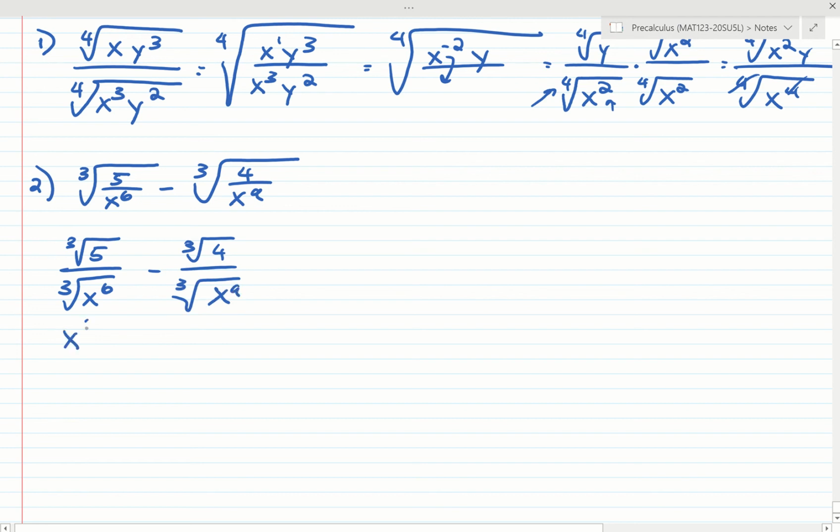This is really just x to the 6 over 3, which is 2, right? Just make sure your index looks like an index. This would be the cubed root of 4. The cubed root of x to the 9th is just x to the 9 over 3, which is x to the 3rd.